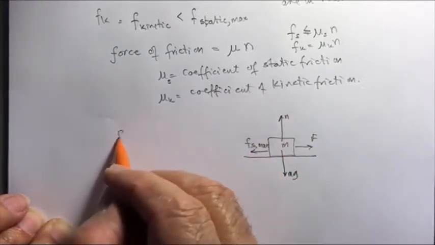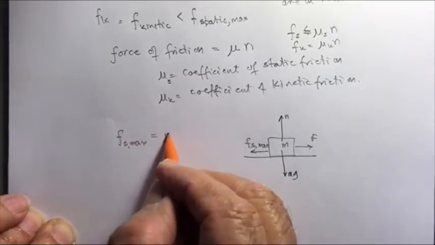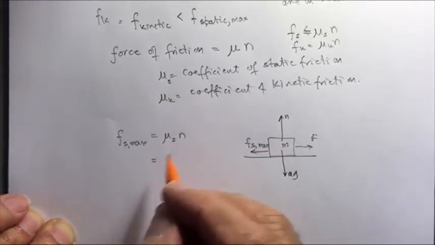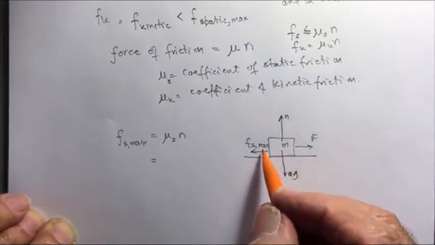The maximum static friction is mu s N. The mu s is a value between 0 and 1.